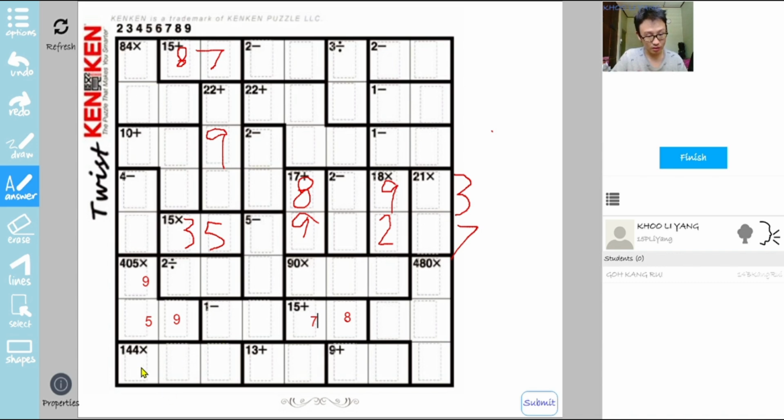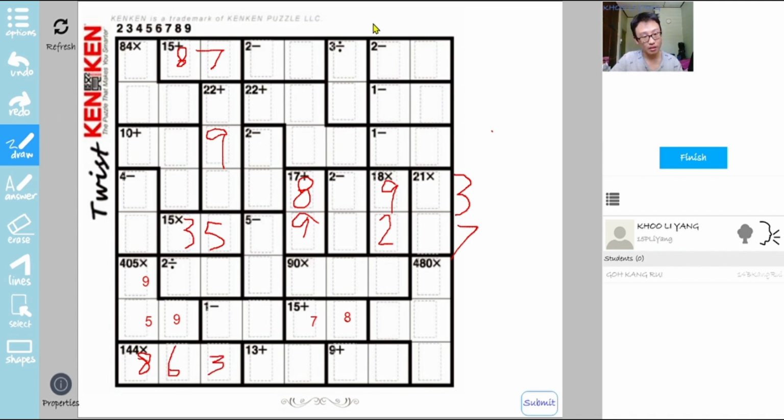So we must use 8 in this box. 144 divided by 8 is 18. There are only two possibilities, which is 2 times 9 and 3 times 6 equals 18. Since we cannot use 9 in this box, the only possibility is 3 and 6.